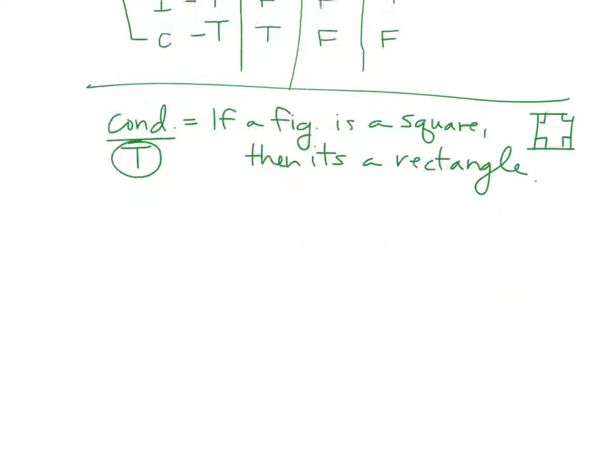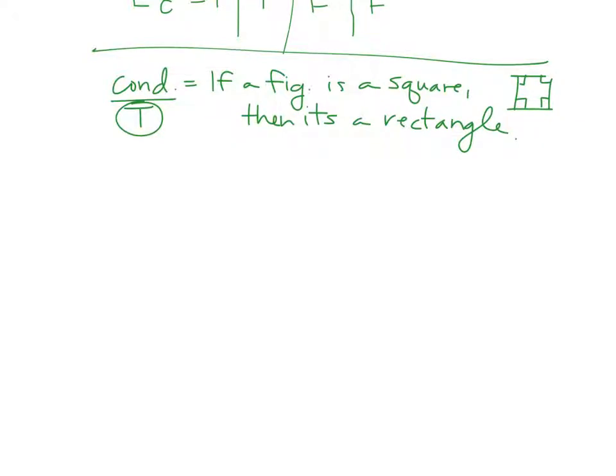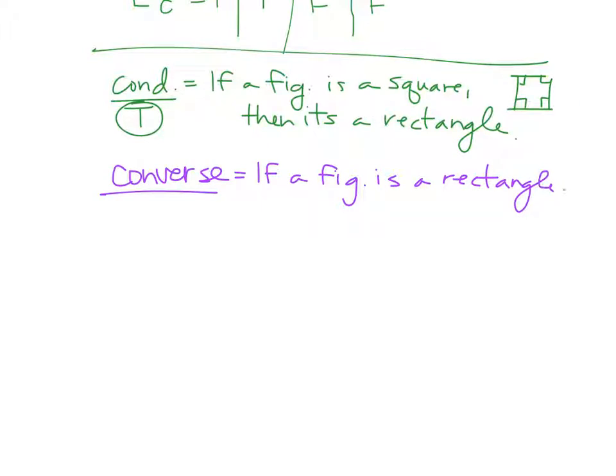Okay? All right, so if that's my conditional, what is my converse? We don't know the truth value yet. What would the converse say? It would say if a figure is a rectangle, then it's a square.